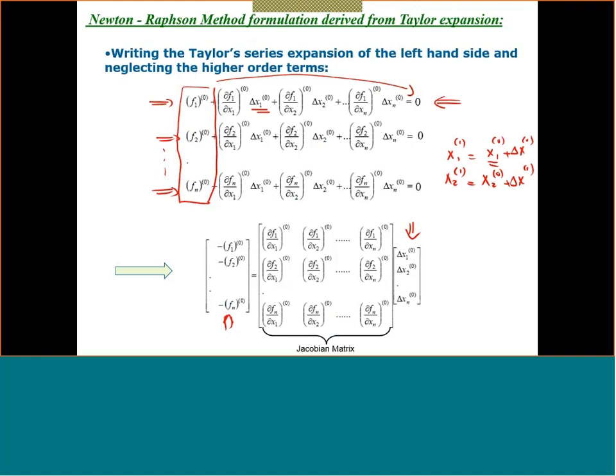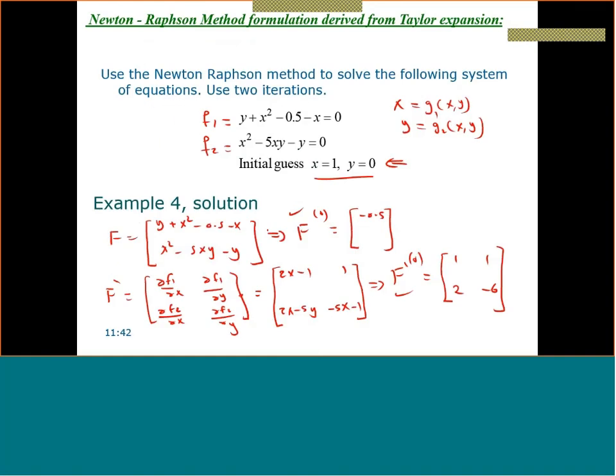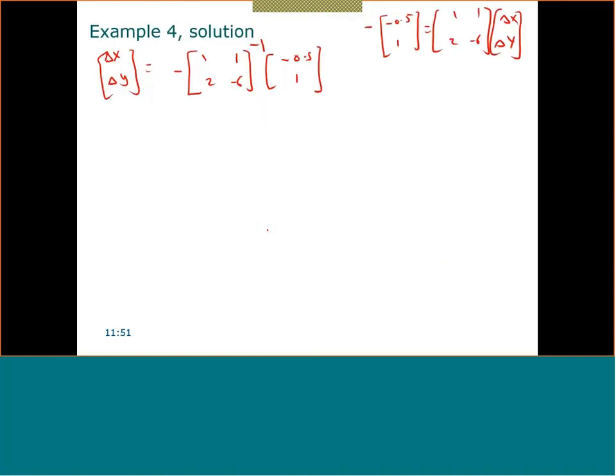Now I need to move this to the other side. So I multiply by the inverse of the Jacobian matrix, and this is what I did. I just multiply both sides by this inverse, and I get delta x. Now, if I add to this, you can find x and y for the first iteration.